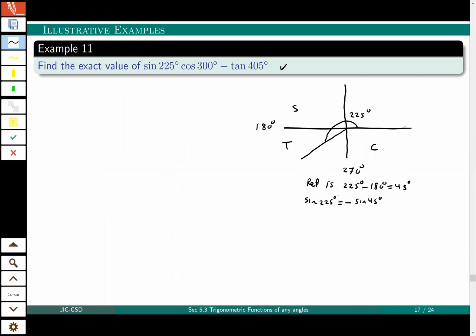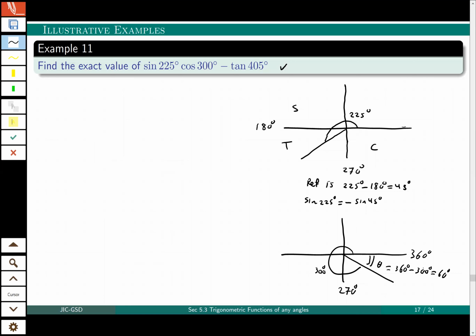We go to the second angle. The second angle we have 300, definitely more than 270 and less than 360. So that is the angle 300. What's the reference? The reference is this angle, which is equal to 60. So that will be 360 minus 300, which is 60 degrees.